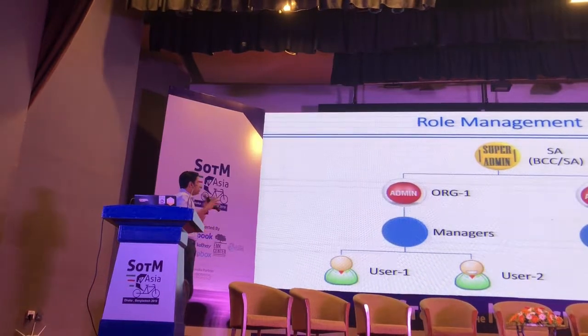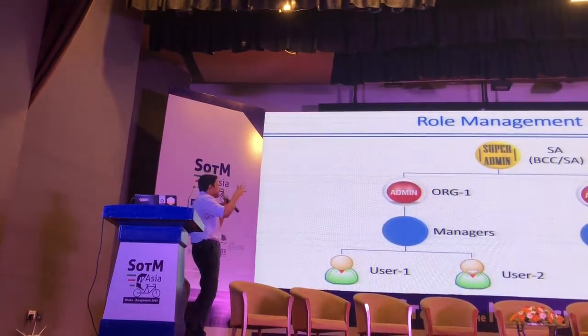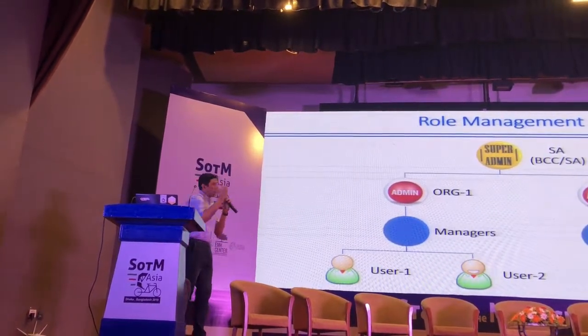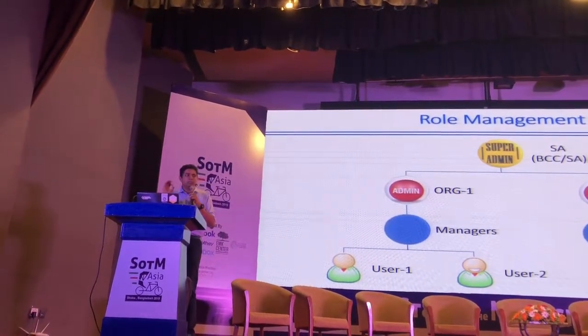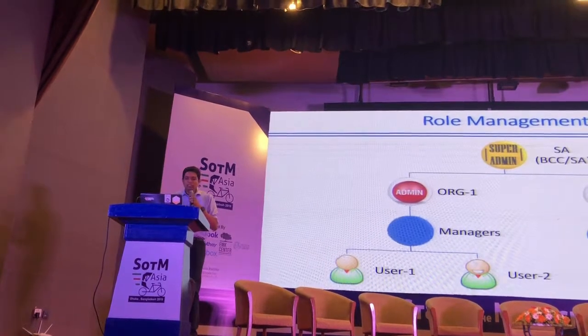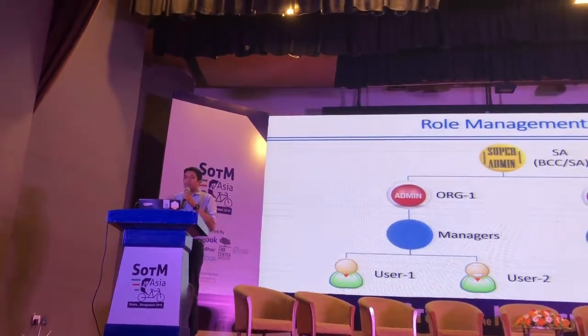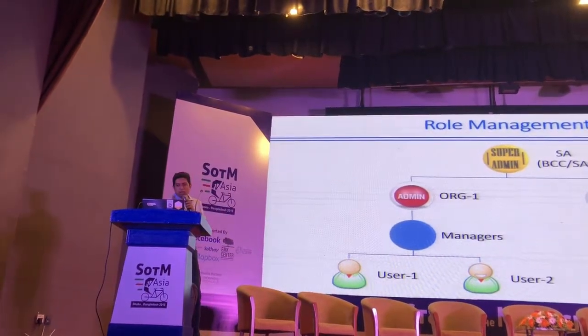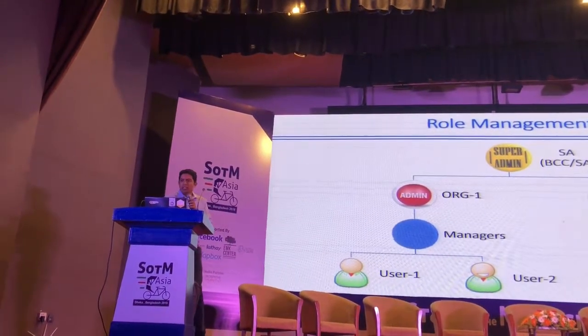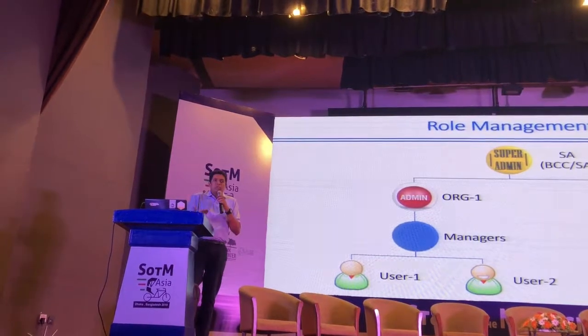So there comes role management. The super admin is the Bangladesh Computer Council. They can delete or do anything to the data. Under them, we are registered as an organization. Organizations have managers, and under the managers, you have users.